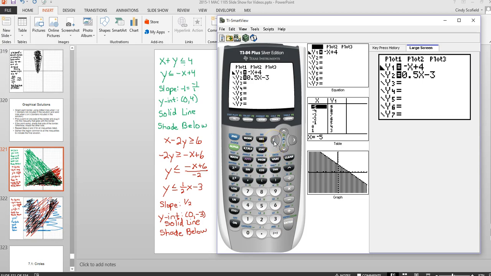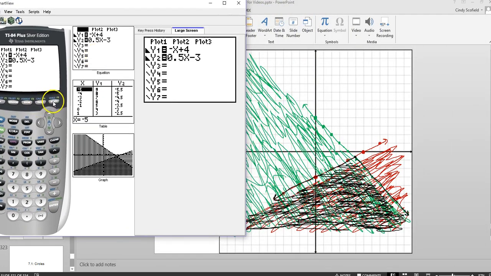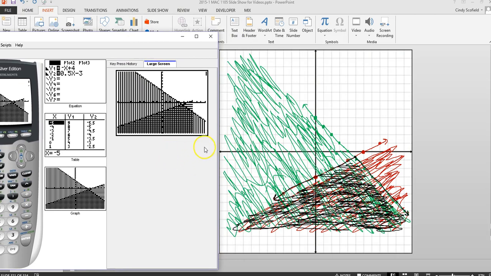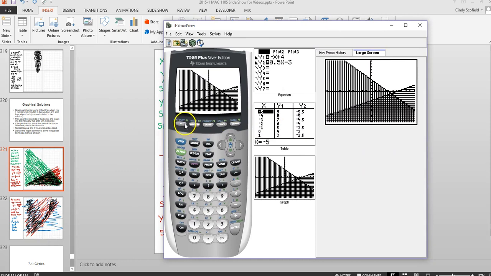And that one we know we're shading below also. So when you hit graph, there it is. You see the same thing, except instead of colors, you see the shading going in different directions. And where you have that checkerboard, or I guess gingham pattern, that's where the overlap is. That's where I shaded black before. So on the calculator now you can see where the overlap is.